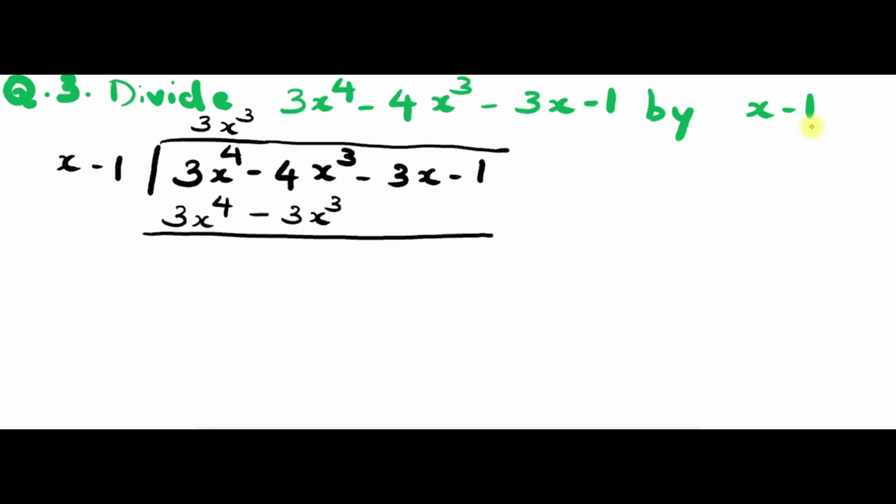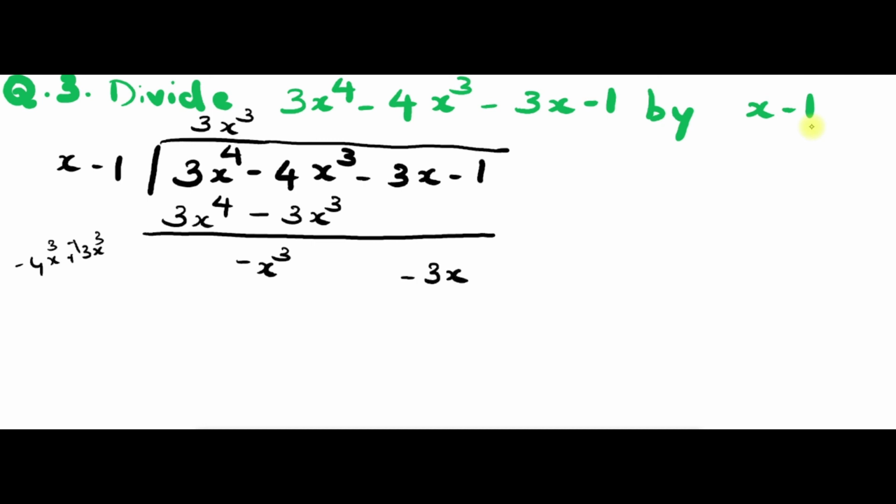So, 3x raised to 4 minus 3x raised to 4 is 0. Minus 4x cube minus 3x cube is equal to minus x cube. You have to leave some space here, then you can bring your minus 3x. That's why I have taken this problem.